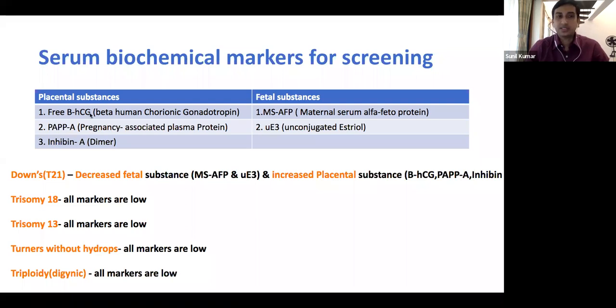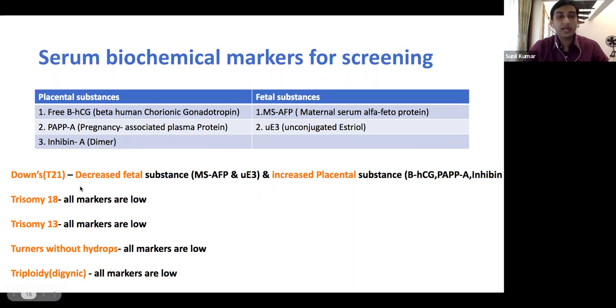From placental substances, the isolates are free beta HCG, pregnancy associated plasma protein A, and inhibin A. In the fetal substances, maternal serum alpha fetoprotein and unconjugated estriol are the isolates. In chromosomal abnormalities, whether Down syndrome, Edwards syndrome, or Patau syndrome, there are changes in the placental substances and fetal substances.